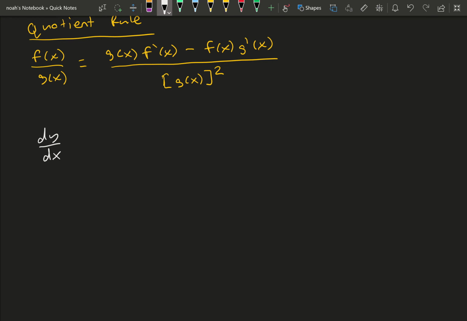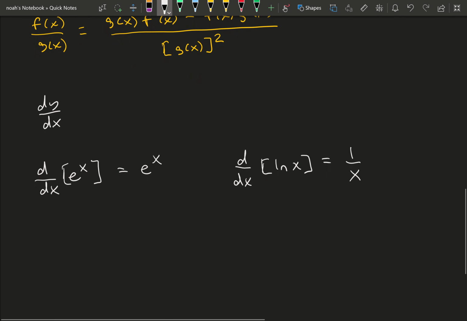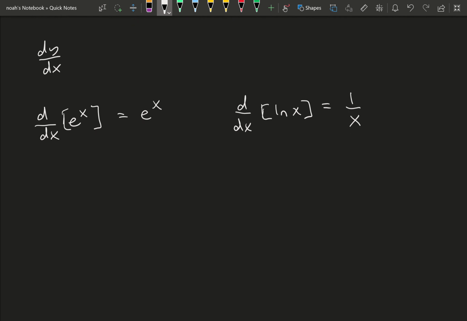For example, if we had d dx of y is e to the x, usually seen in this notation. So the derivative of e to the x is just e to the x. And then if we have ln x, this would be 1 over x. So these are just special functions. You just have to memorize these.